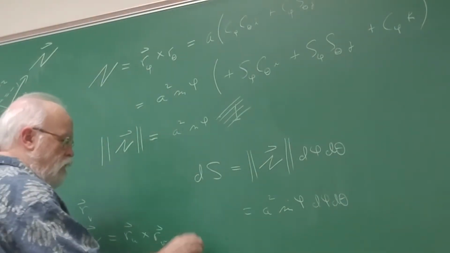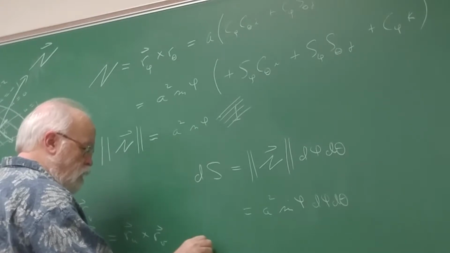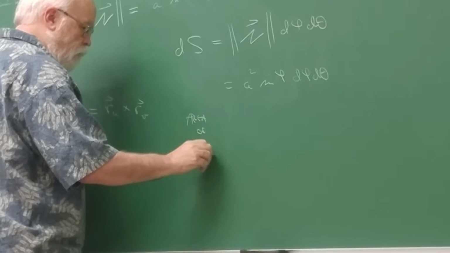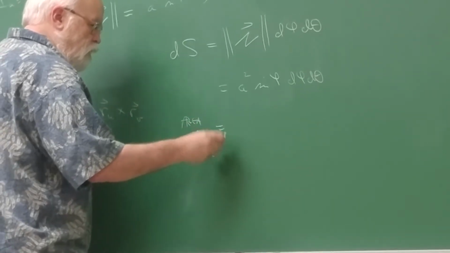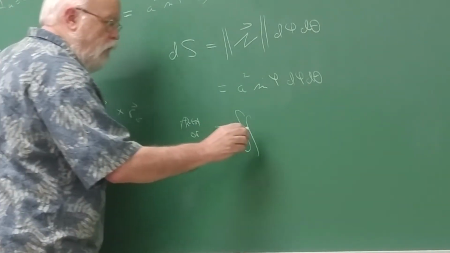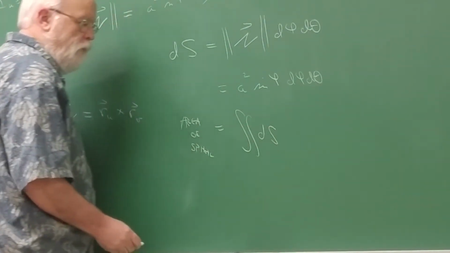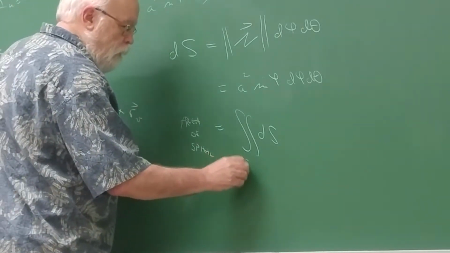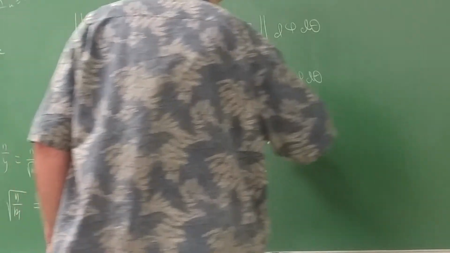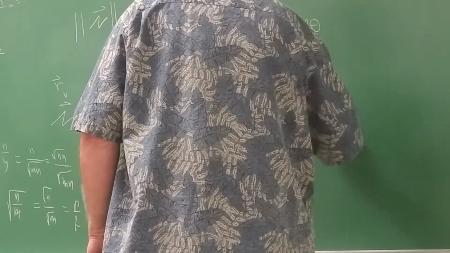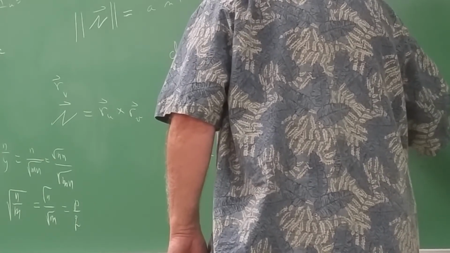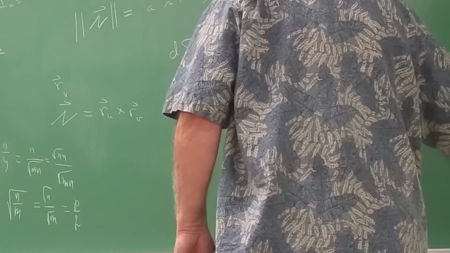And so then the surface area of the sphere is the surface integral of ds over the sphere. But that is a squared sine phi d phi d theta.